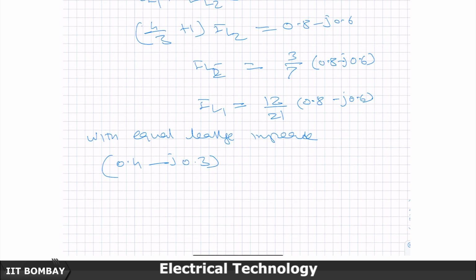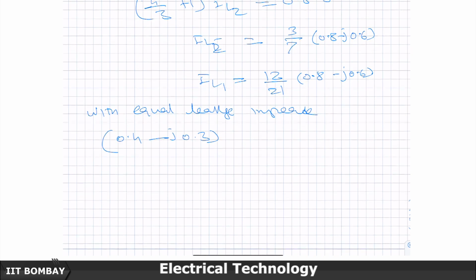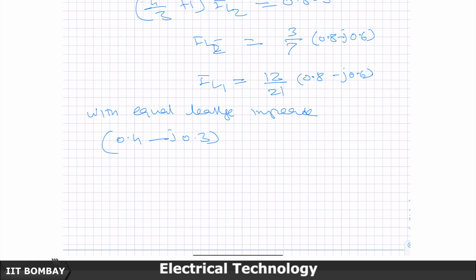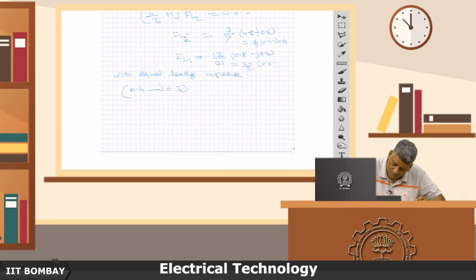But this one is coming out, multiplying and dividing by 2, as 6 by 7 of 0.4 minus j0.6, and this one is 8 by 7 of 0.4 minus j0.6.